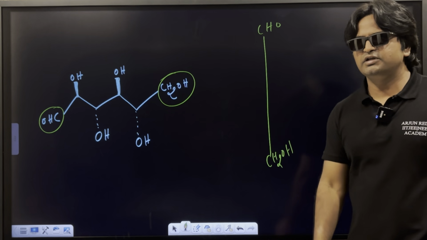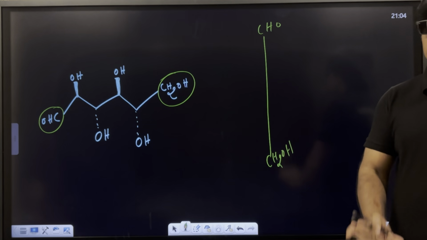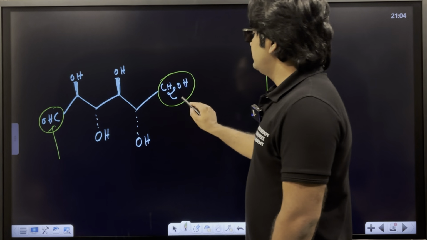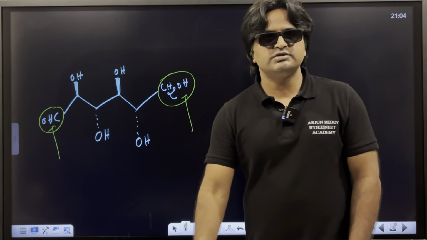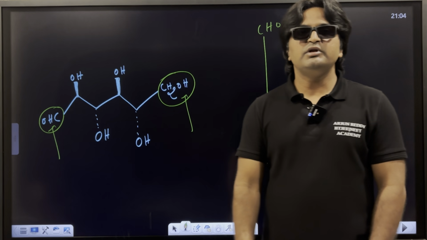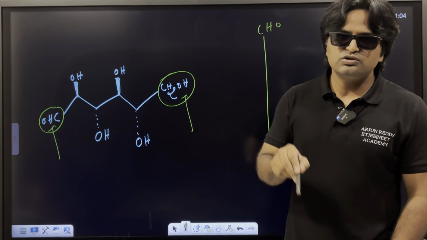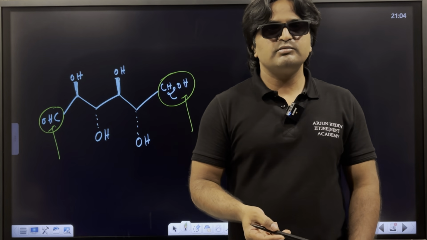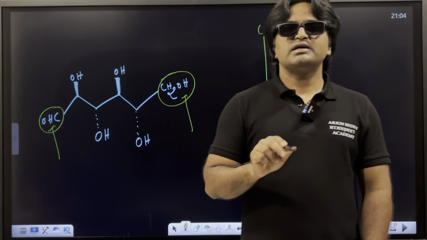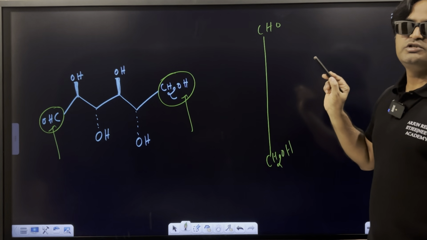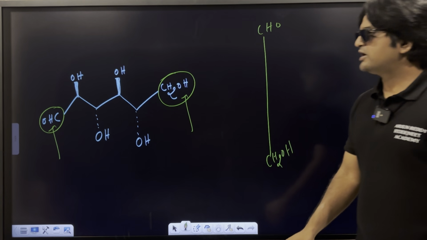That is the first important thing. Don't get confused, very simple. Who is present extremely left side? CHO. And who is present extremely right side? CH2OH. Which is the more oxidizable group? CHO is the more oxidizable group. That's why we are taking CHO at the top position and CH2OH at the bottom.